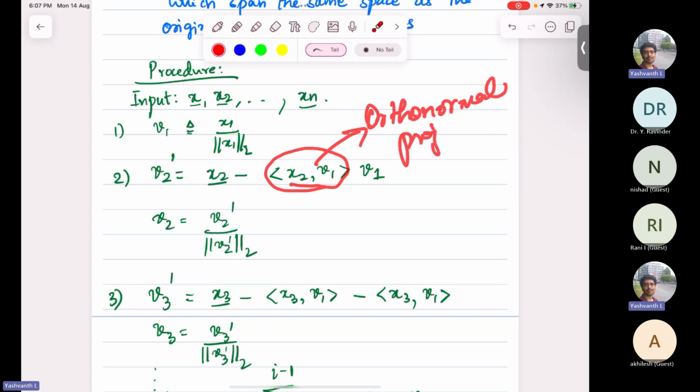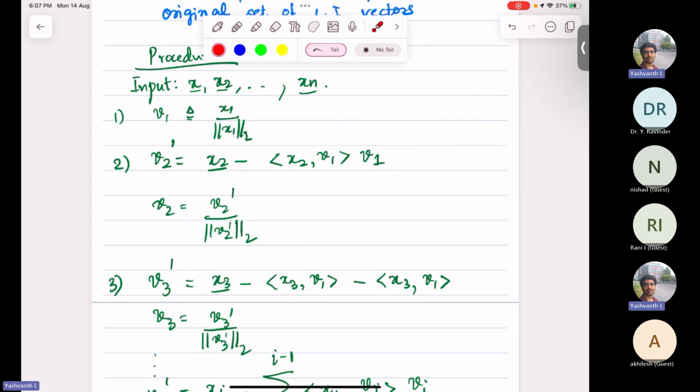Basically you project the vector x2 on v1. That gives the component of x2 along v1, multiplied by the vector v1 itself. So this is the component of x2 along the v1 direction. You subtract that from x2. The resultant vector is called v2 dash, and v2 is defined as v2 dash divided by the L2 norm of v2 dash.